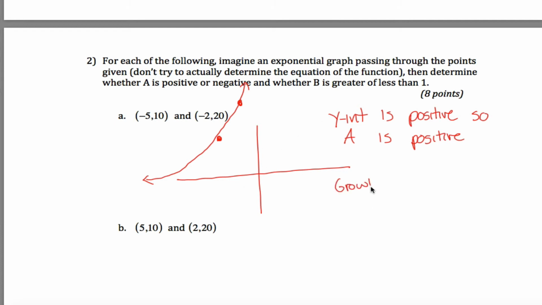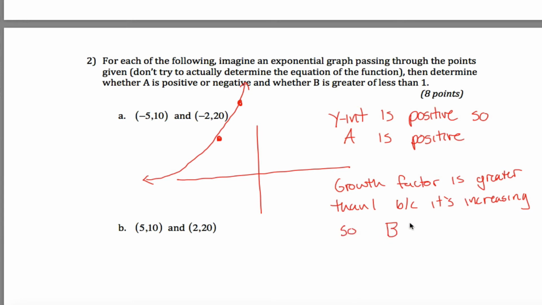Growth factor is greater than 1 because it's increasing as you read from left to right. So b is greater than 1. So my answer to part A here is that a is positive and b is greater than 1.